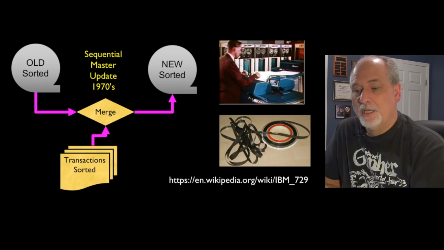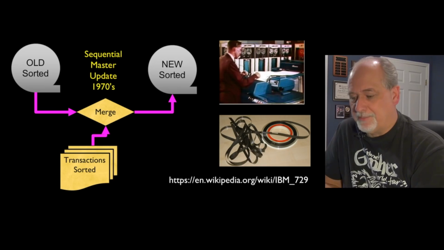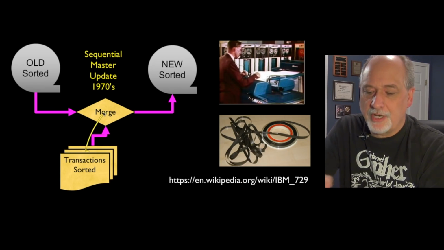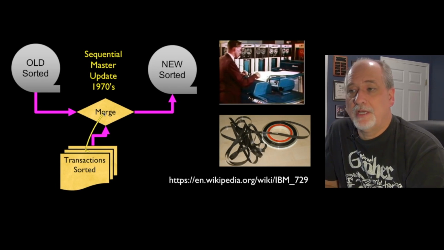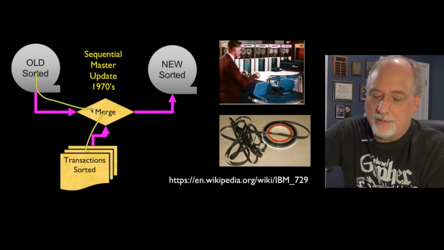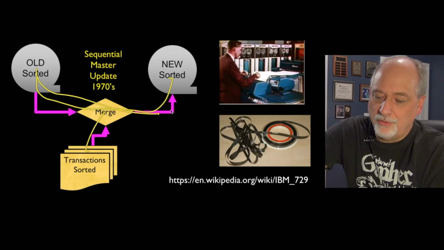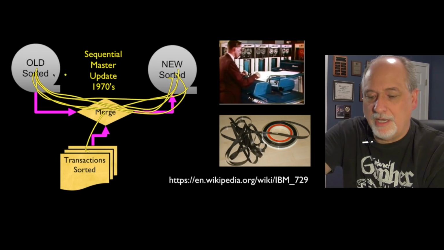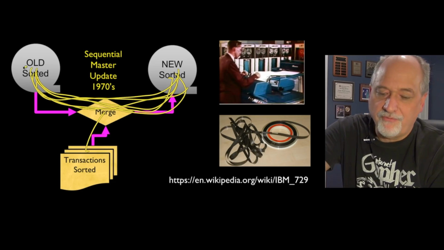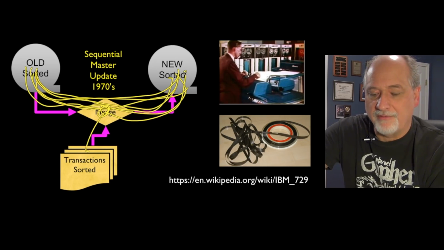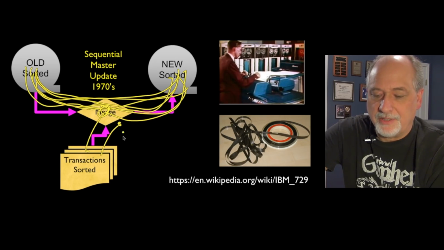And then what you do is what we call a sequential master update, and that is you would write a program that would read the first transaction and hold on to it. Say, okay, this is account 45. Then it would read the first account, like 1, and it would copy 1, and then it'd read 2, and read like 7, 8, 42, 43, then it would read like 44, and then it would read 45, but it would change that and write the new 45, and read the next thing, and so this might be 60.